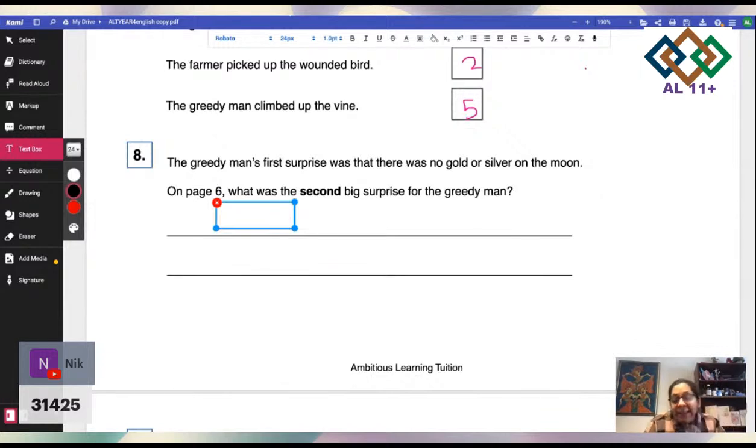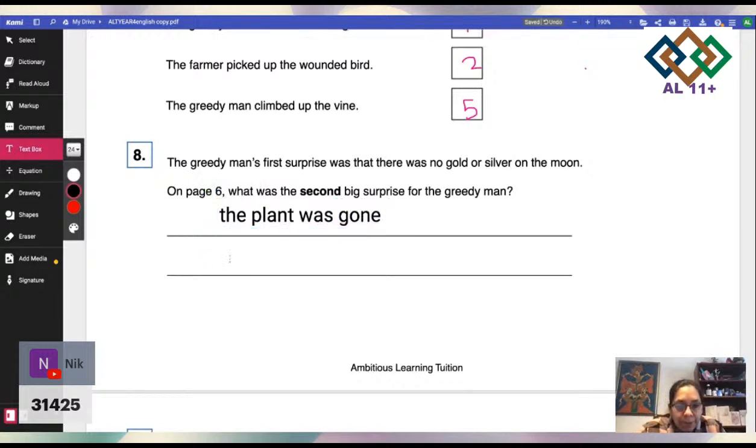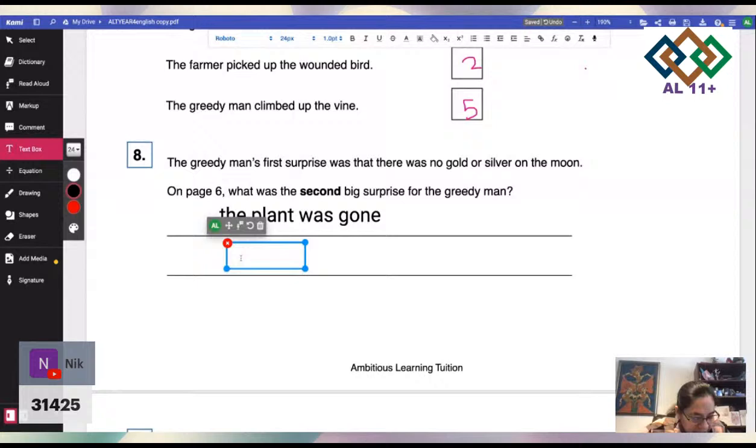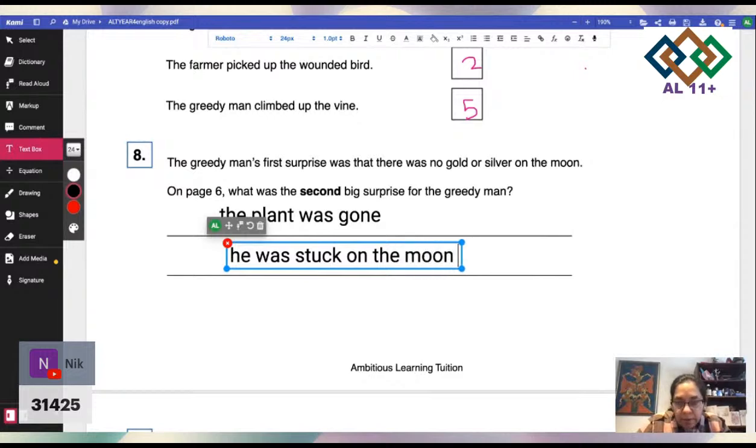He went to the moon for the plant. So you could tell me that the plant was gone, or you could say that he was stuck. He was stuck on the moon.